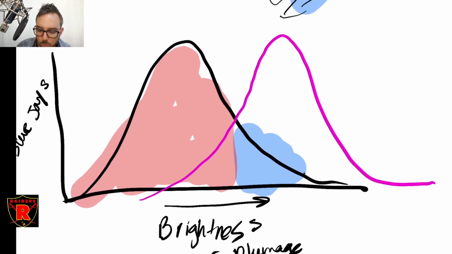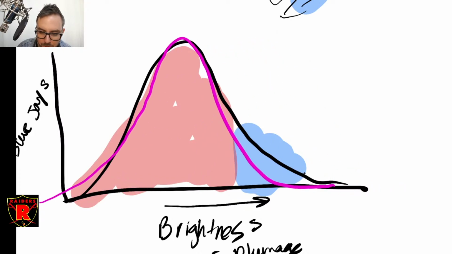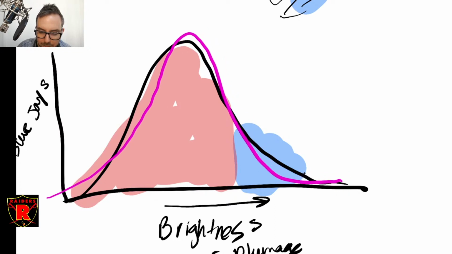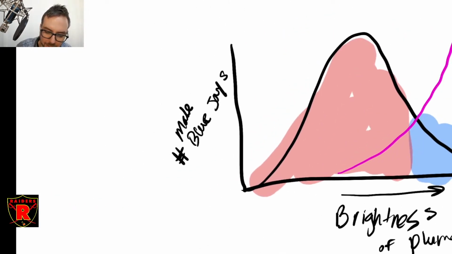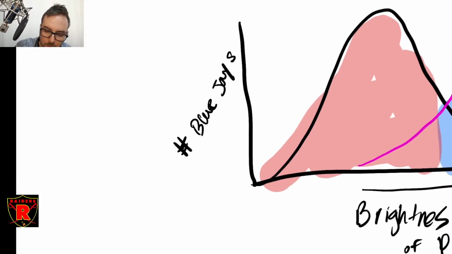Okay, so what this is saying is that if this is sexual selection, and you were to look at the female, and you know what, I'm actually going to color code this. So instead, I'm going to say number of blue jays, and then we're going to have two different graphs here. We'll say number of male blue jays, and I'll do that in blue for male. And then in red, I'm going to do female blue jays.